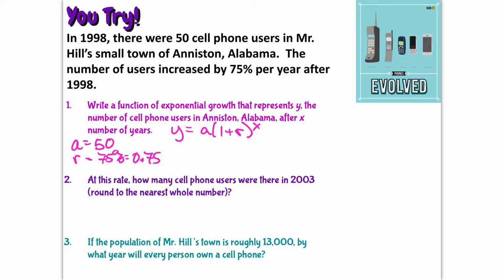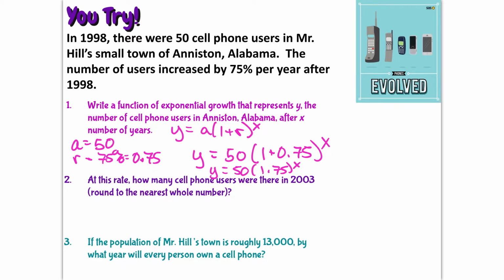Then my x is just x, because it's just asking us for the equation. So then I get y is equal to 50 times 1 plus 0.75 to the x power. We can rewrite that as y is equal to 50 times 1.75 to the x power.